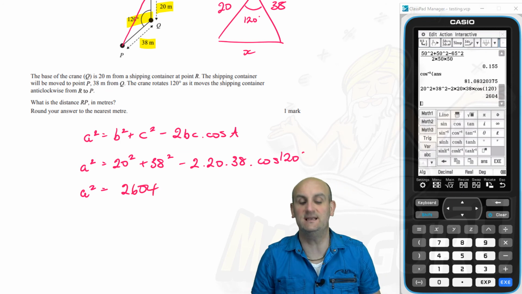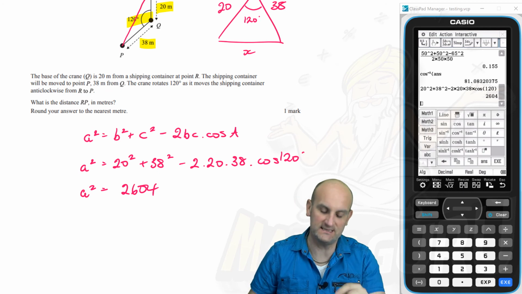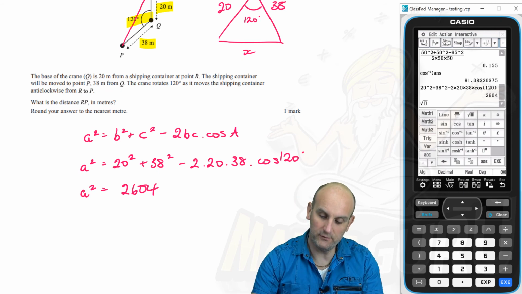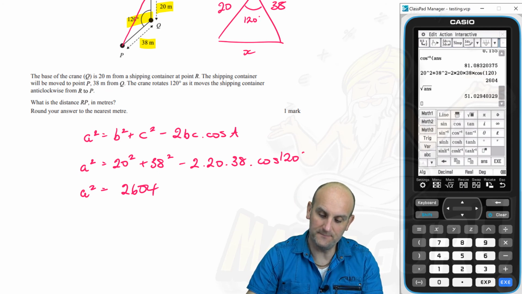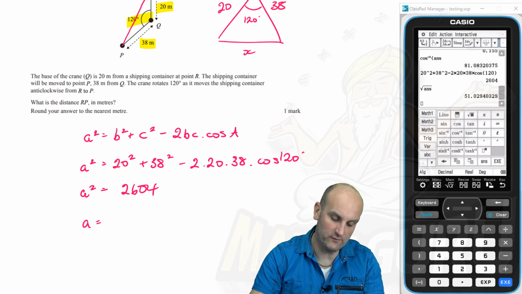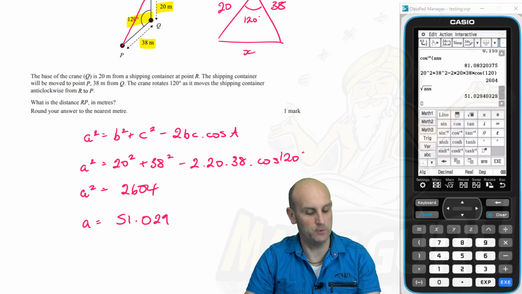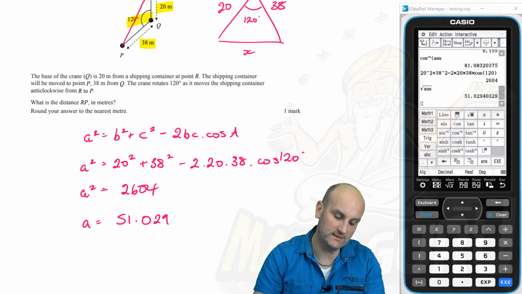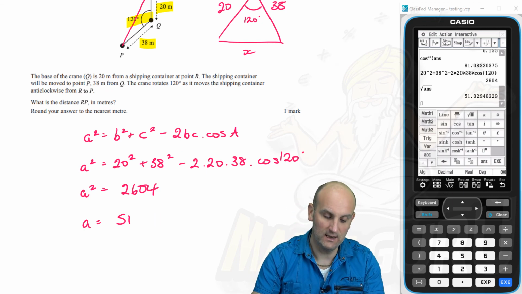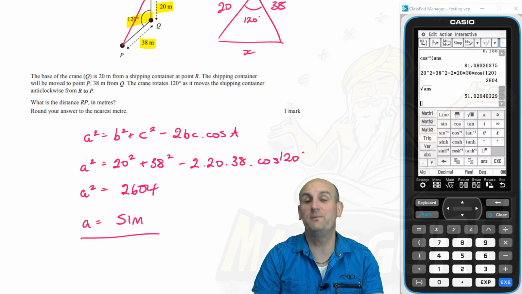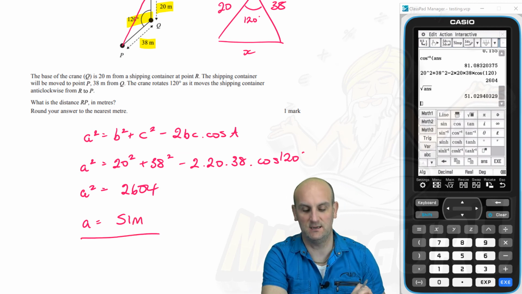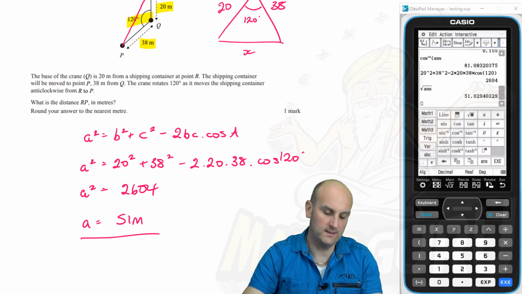Is that my correct answer? Yes and no, because that's the squared. So I'm going to square root my answer, hit enter, and out comes a value of A of 51.029. Leaving it at that? Nope, because it wants it to the nearest meter, and in that situation, A is going to be equal to 51 meters, or the value of RP is going to be 51 meters.